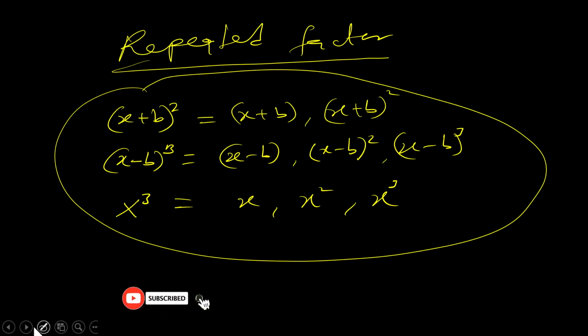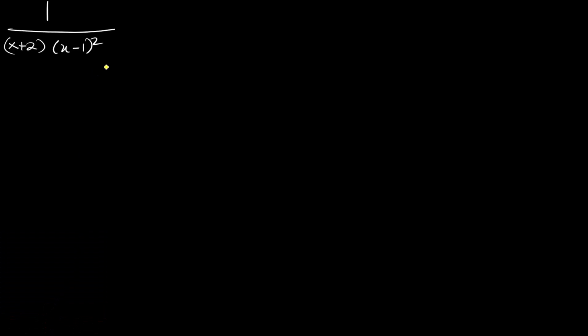So let's solve examples. Let's resolve this into partial fractions. We have a linear factor here, x plus 2, and a repeated factor.